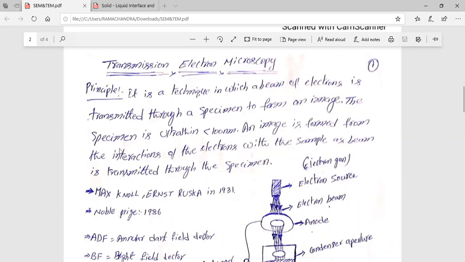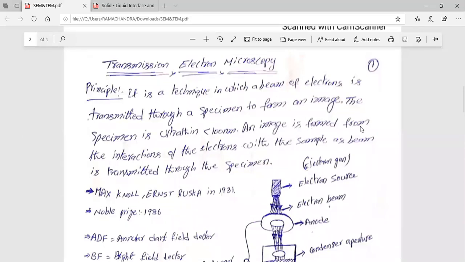The specimen is ultra thin, less than 100 nanometers, at a very minute nano level. That size of specimen can be detected by using the transmission electron microscope.